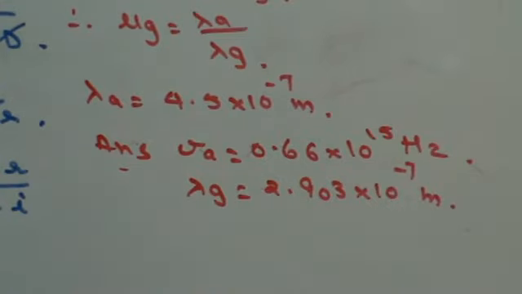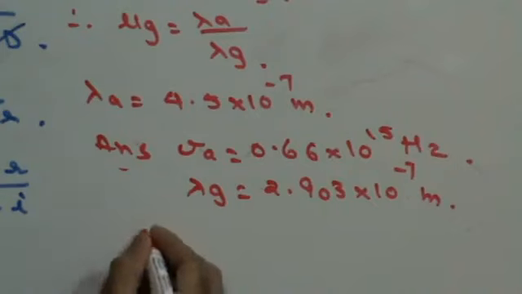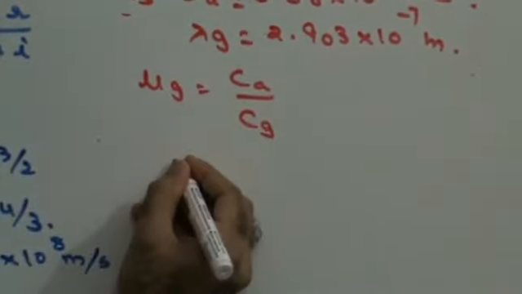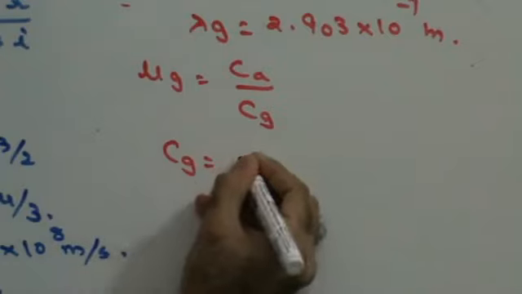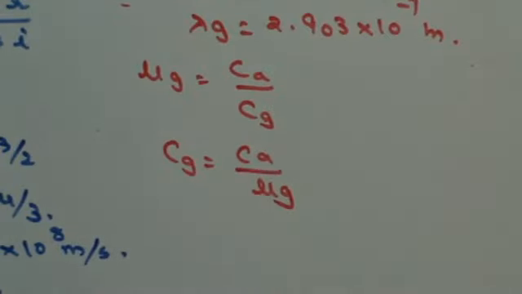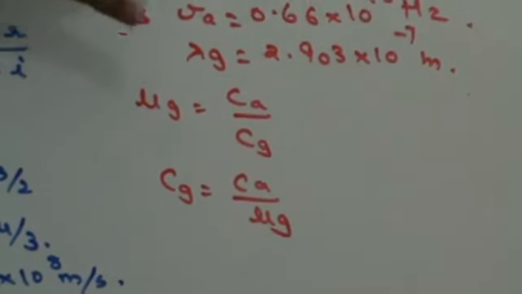And I still need to find out the velocity in glass. So I can use the formula that refractive index of glass is velocity in air upon velocity in glass. So I'll get velocity in glass is velocity in air upon refractive index. There I found out the frequency. We just use this Cg upon lambda g to cross multiply and get this answer.